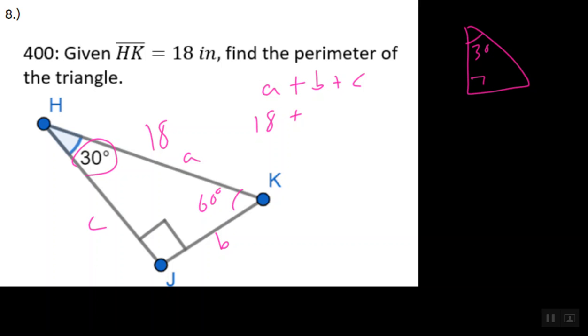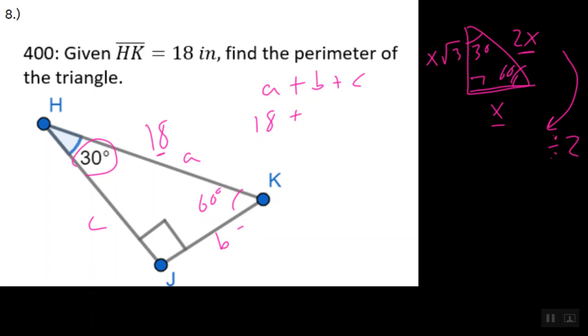So let's see, if that's 30 and that's 60, then we can say we have this formula where the short side is x, our hypotenuse is 2x, and our third side is x square roots of 3. Well, what does this really mean? To go from 2x to x, all you have to simply do is divide by 2. So what would it look like to divide 18 by 2?